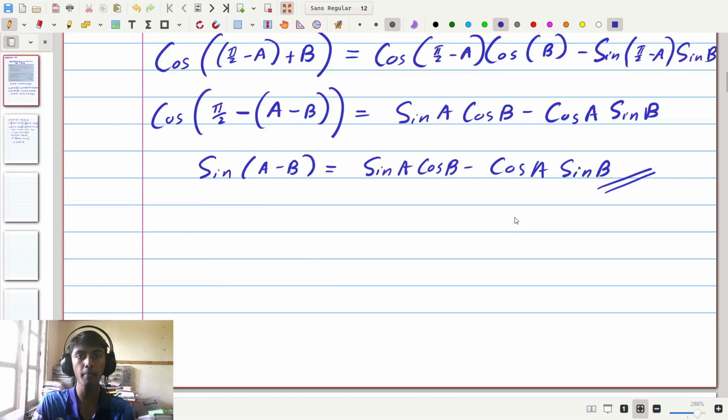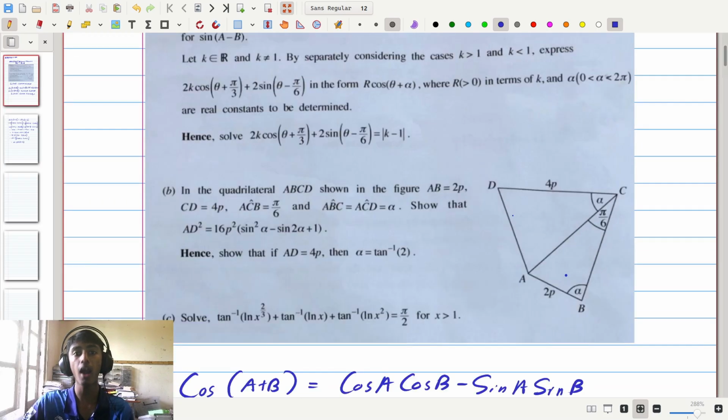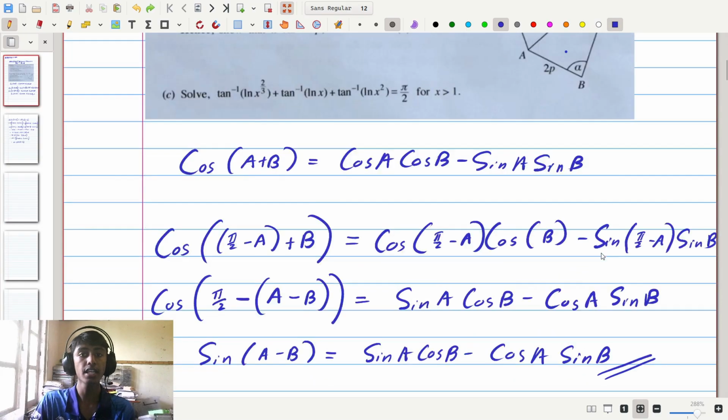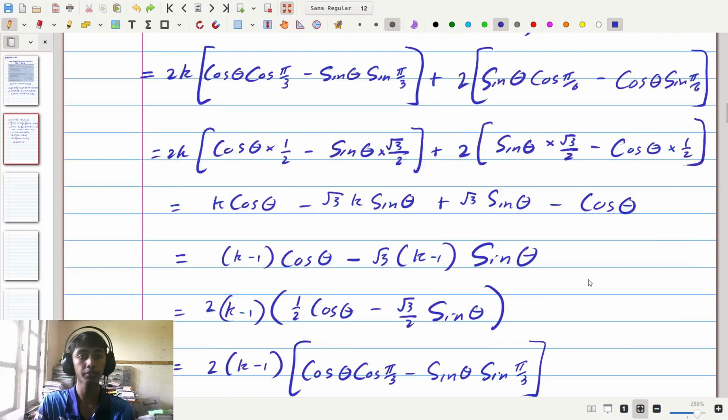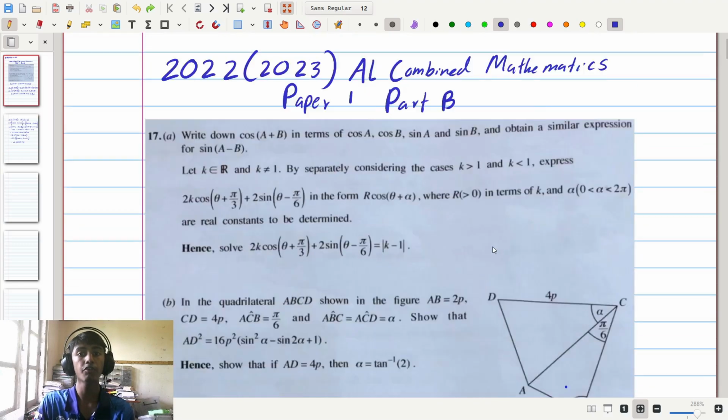But remember, we need the form r times cosine of theta plus alpha where r is positive. But if k is less than 1, then k minus 1 would be negative, and therefore we would have a negative value in front of the cosine, which would mean that it is no longer valid for r, since r needs to be a positive value. So considering the two cases, the positive case where k is greater than 1 is going to be fine, but for the negative case we're going to have to do something special.